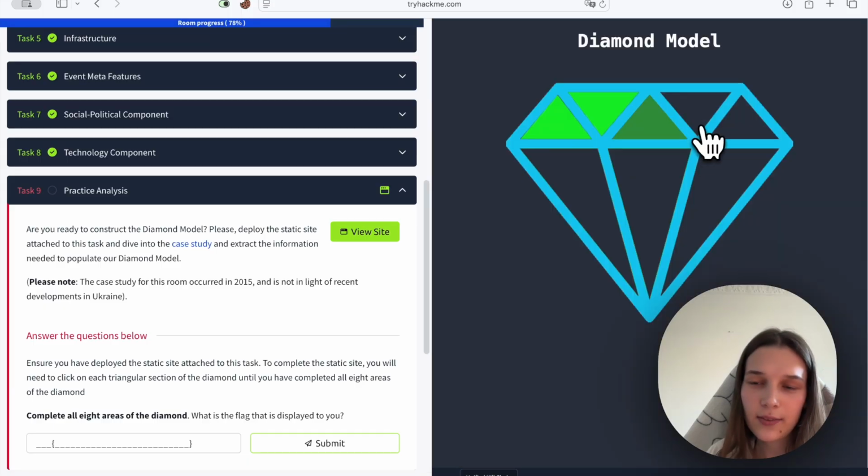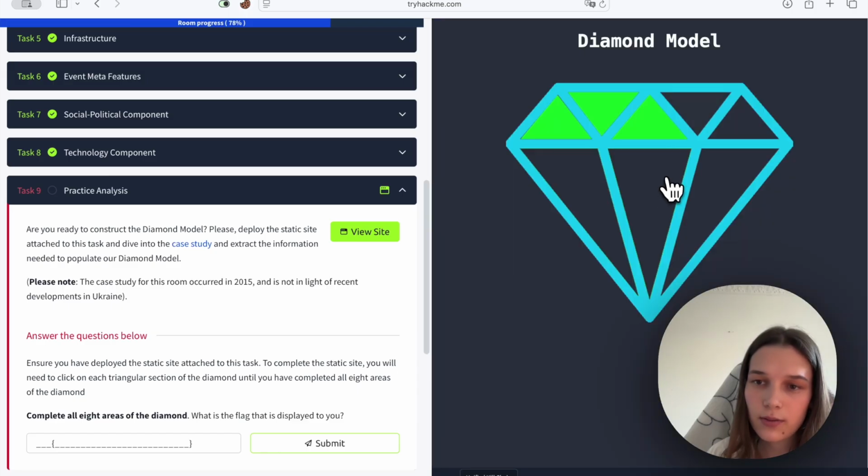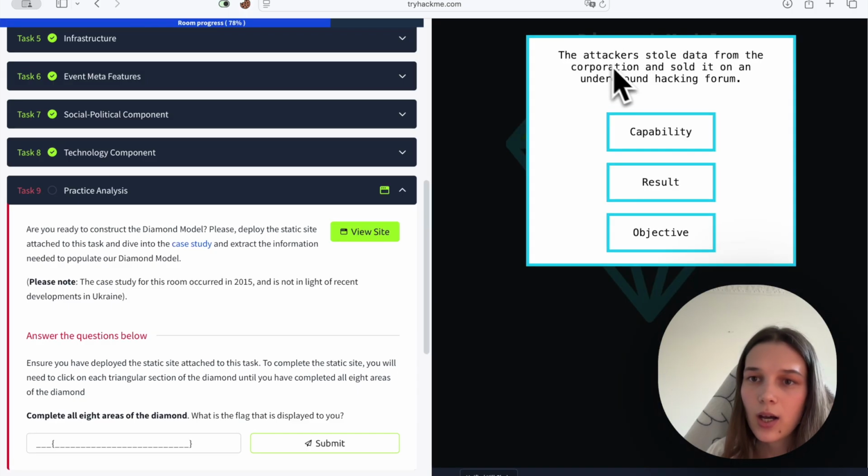This is basically the victim. Next, the attacker used a recent malware campaign known as One Trick to ransom the corporation's serviced resources. The attacker stole data from the corporation and sold it on an underground hacker forum. That's the result.